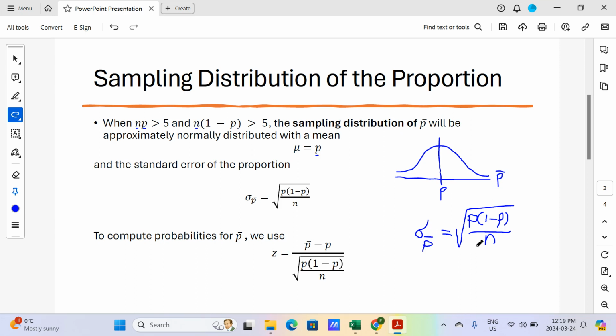Because p bar is approximately a normal distribution, I can convert that to a standard normal distribution by calculating Z for p bar, using the formula p bar minus P over sigma p bar. In summary, Z is p bar, the sample proportion, minus P, the population proportion, divided by the square root of P times 1 minus P over n, which is sigma p bar.